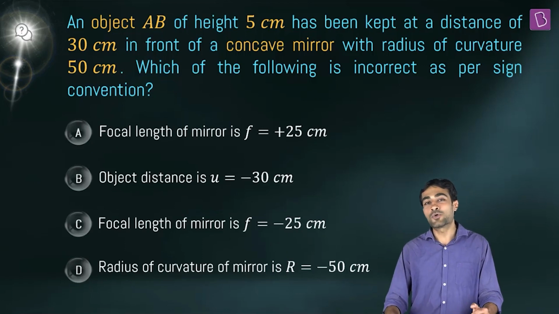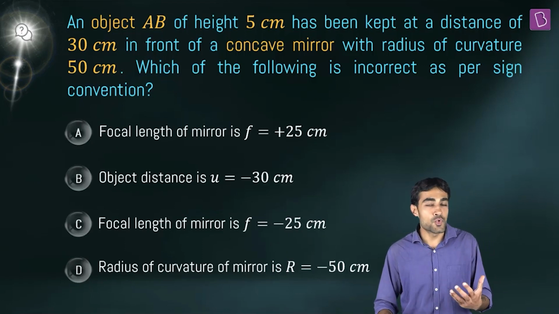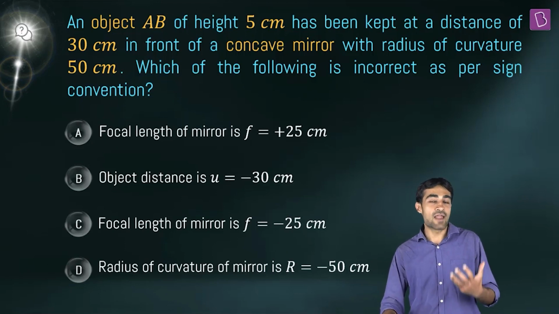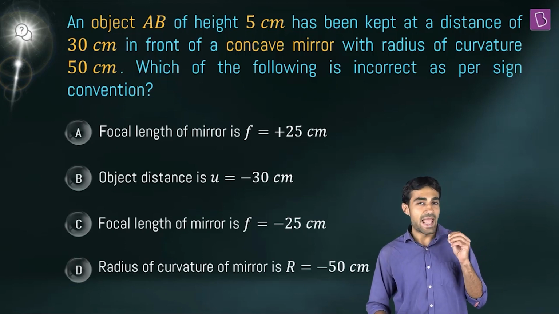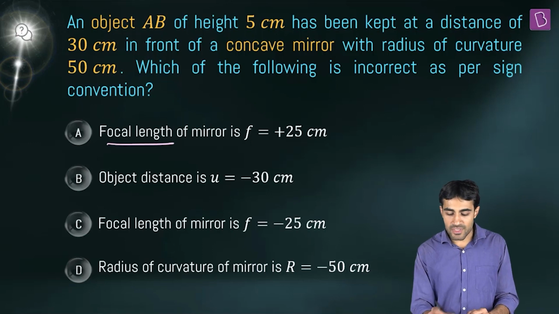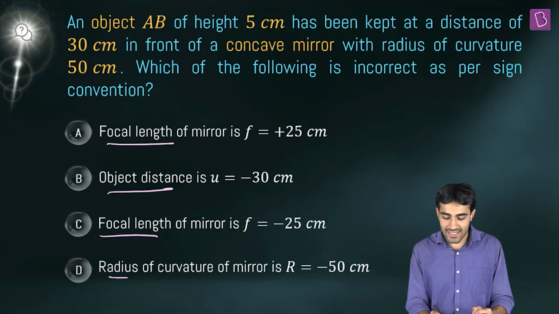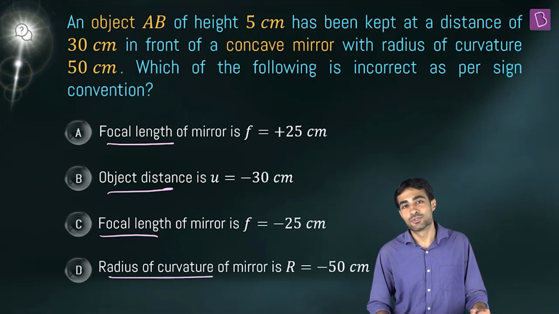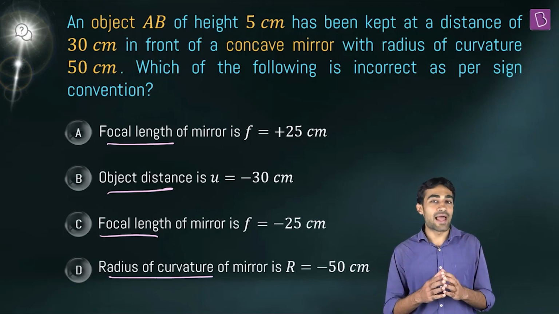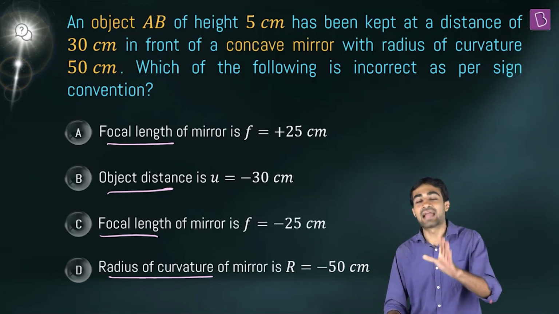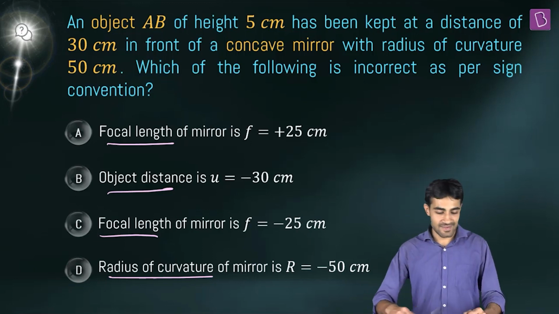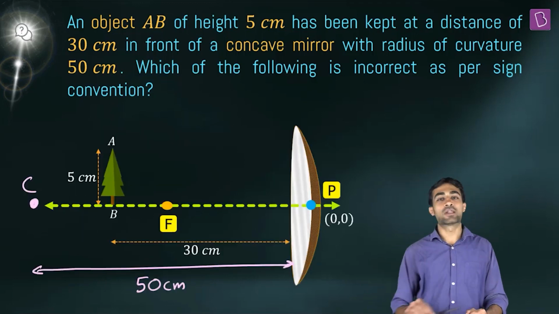So we will find out which of these are true and which one is false, and we will pick the false one. Now, the options deal with focal length, the object distance, and the radius of curvature. So we have to tell what are their values with their exact signs. Let's find out everything on our own.